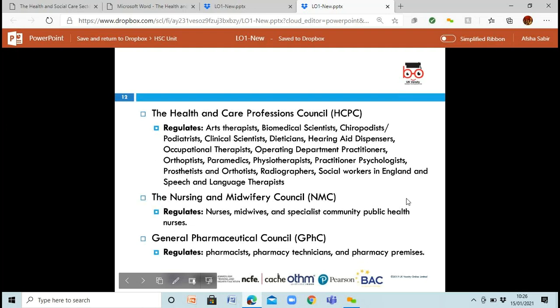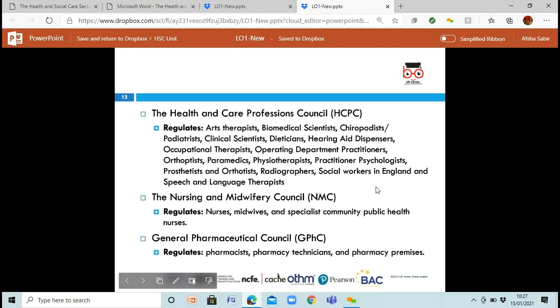Then we've got the Health and Care Professions Council, HCPC, and they regulate art therapists, biomedical scientists, physiotherapists, psychologists. There's an extensive section here showing who they are, like radiographers and speech and language therapists. Then we have the Nursing and Midwifery Council, NMC, and they regulate nurses, midwives, specialist community public health nurses.